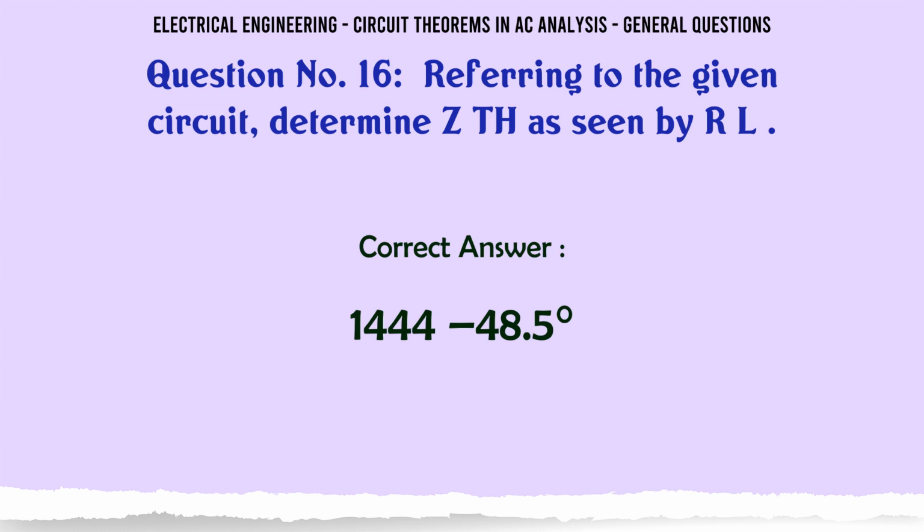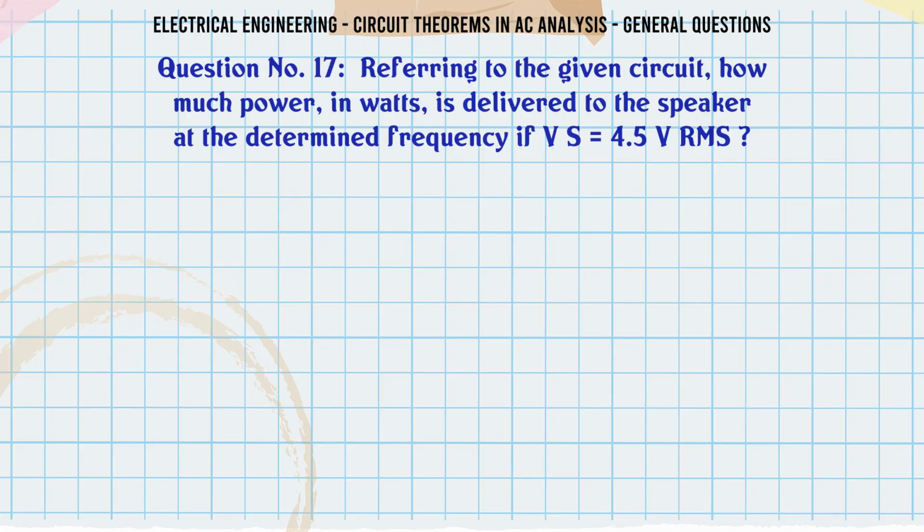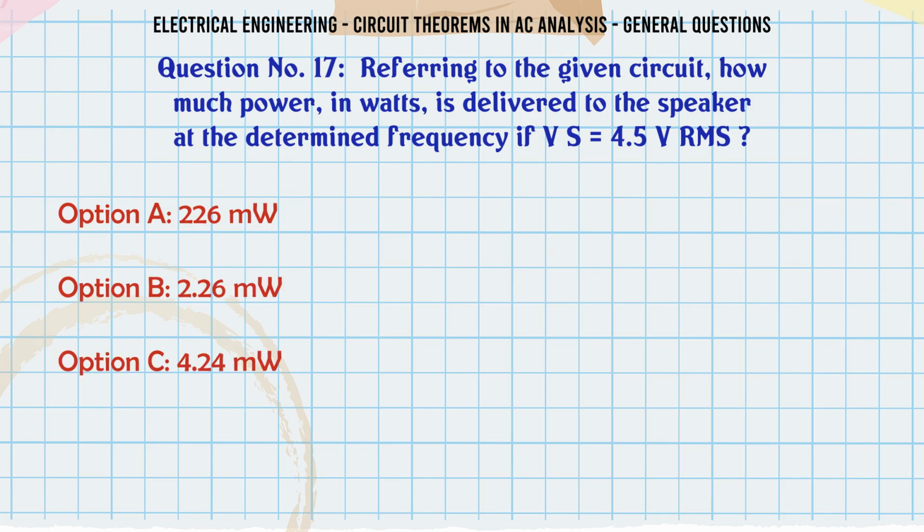Referring to the given circuit, how much power in watts is delivered to the speaker at the determined frequency if Vs is 4.5 V RMS? A: 226 mW. B: 2.26 mW. C: 4.24 mW. D: 424 mW.